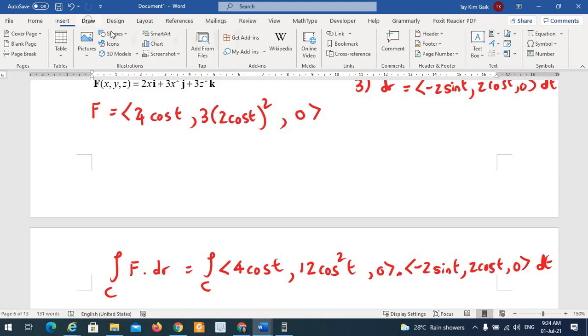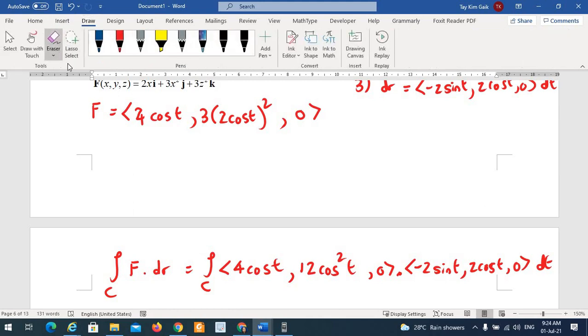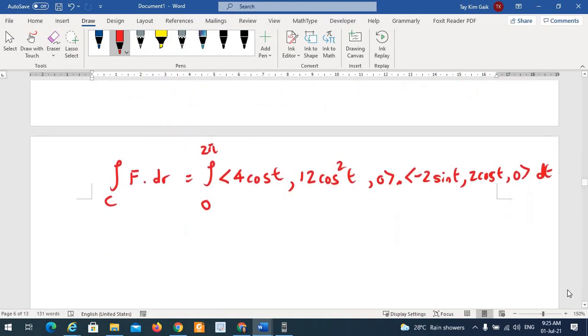So t goes from 0 to 2 pi. You evaluate the dot product, and lastly integrate with respect to t, from 0 to 2 pi.